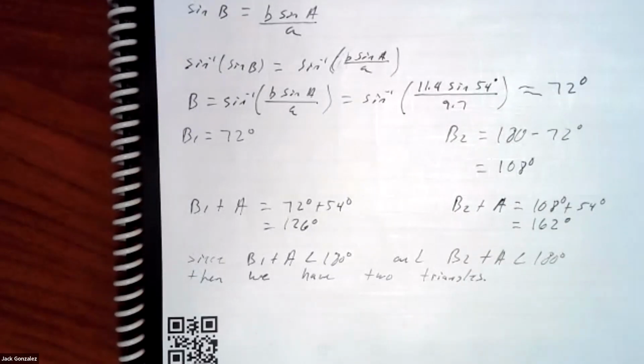Does it make sense how to check? That okay? All right, so we have two triangles.